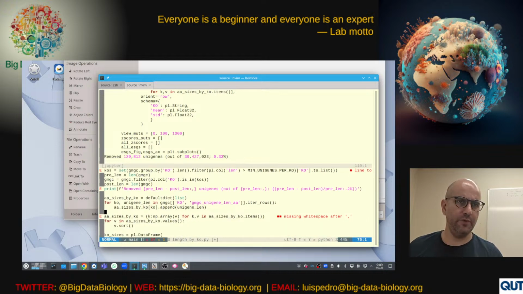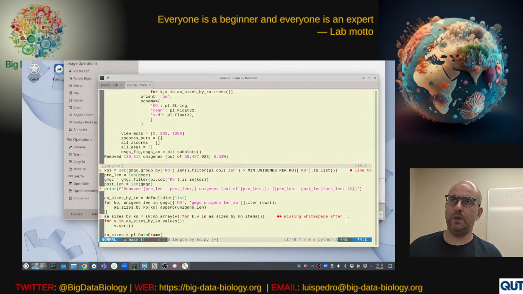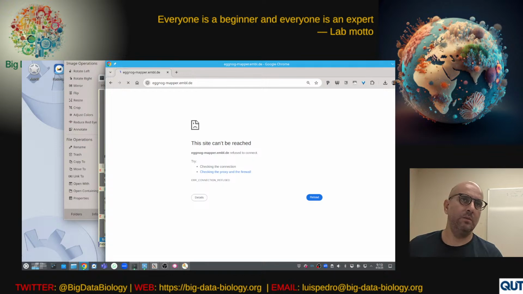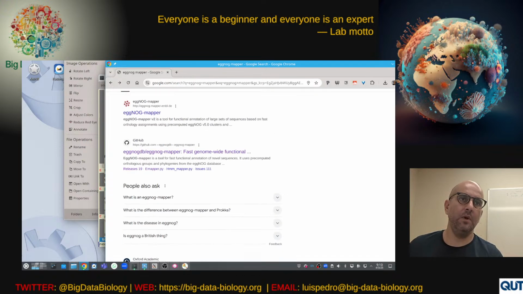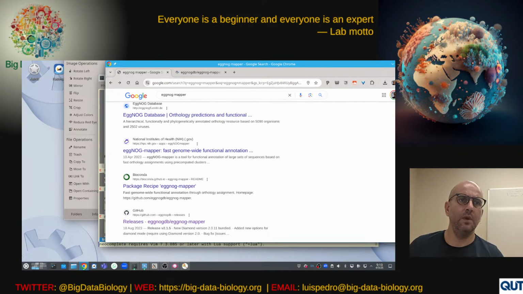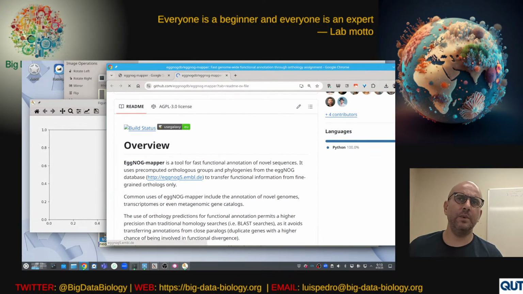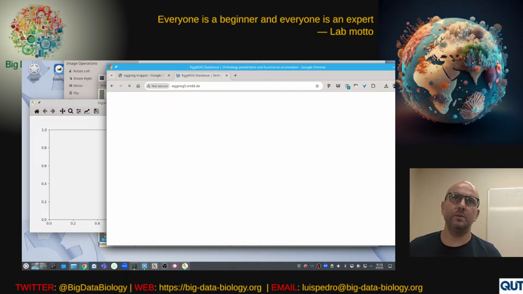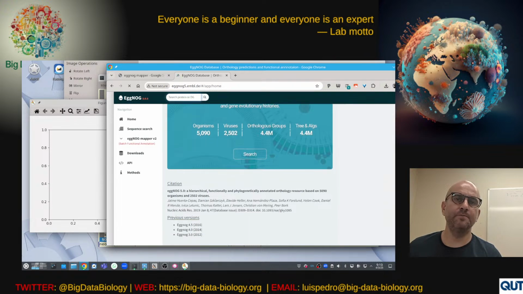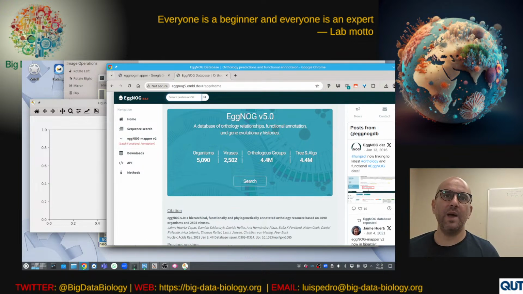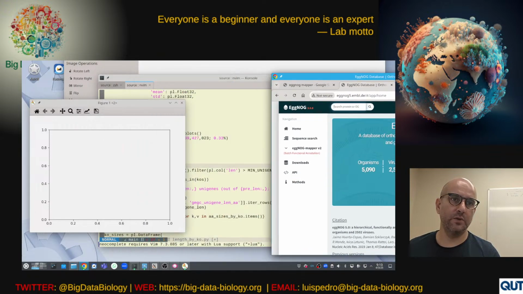For those of you who don't know, Eggnog is a database of orthologous groups, so protein families, gene families, and Eggnog Mapper is a tool that, given your data set or your set of proteins, maps them to Eggnog OGs, orthologous groups.